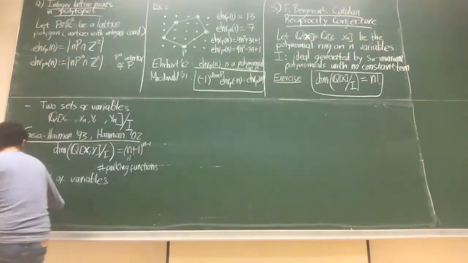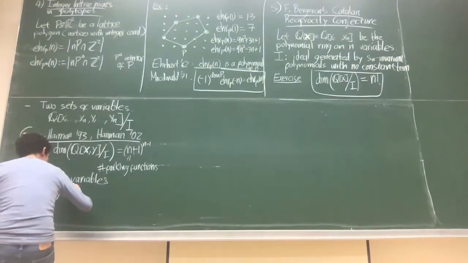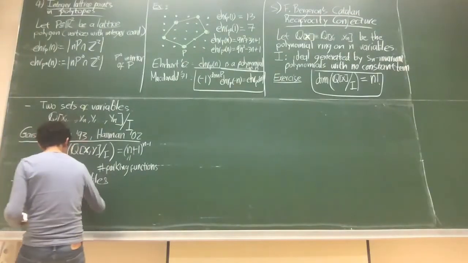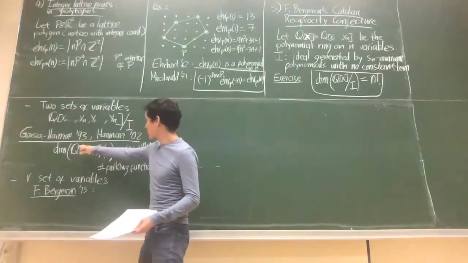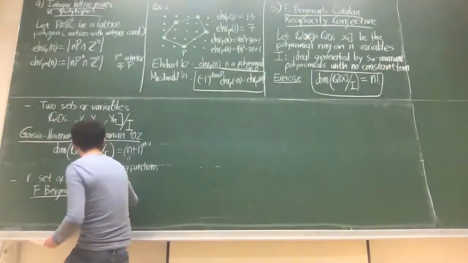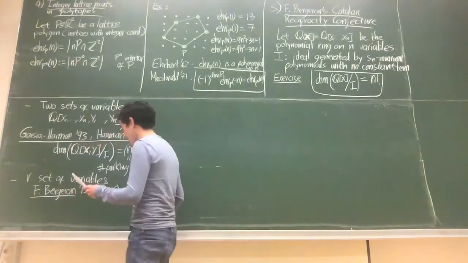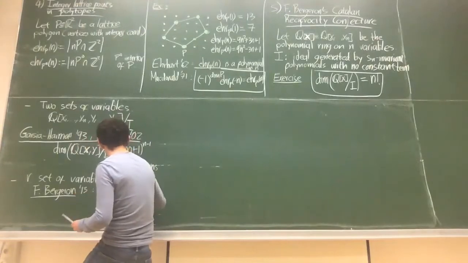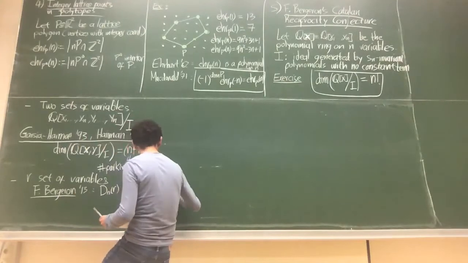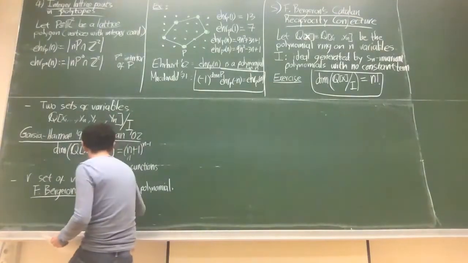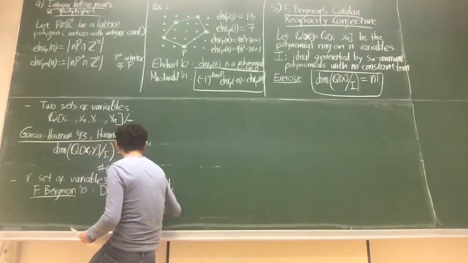So Bergeron showed, let me just simplify this notation. Let me just call this dimension D. This depends on n and R. It is a polynomial in R for n fixed.